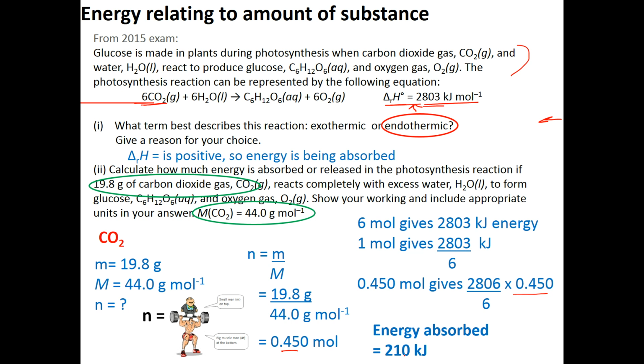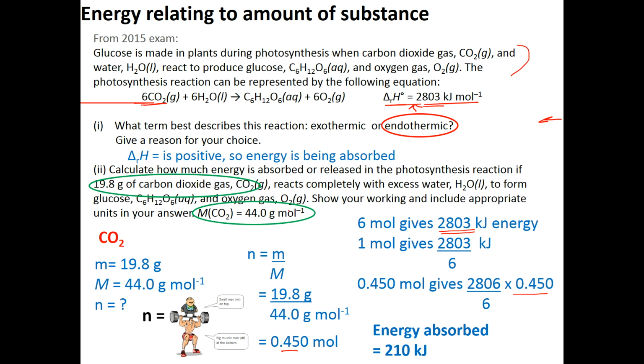Now, just a few points to remember. Always check your answer to see if it is sensible. If 6 moles gives you this amount, half a mole is less than 6, so your answer should be less than this amount. If you find your answer is bigger than that amount, you've made a mistake.